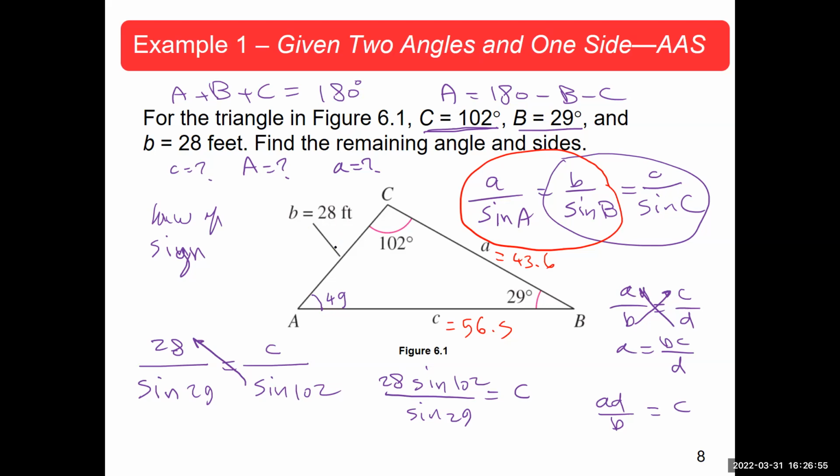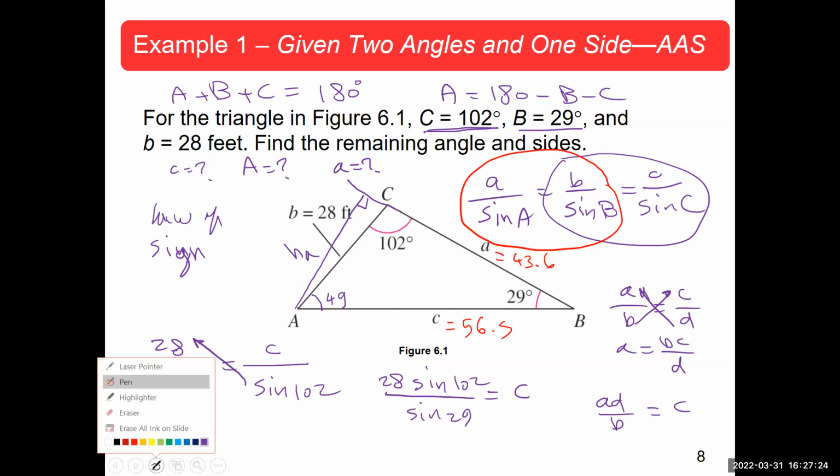Okay, let's do the area of this triangle using the height from A. That means I have to extend these lines, and this is my HA. How do I calculate the value of HA? You have to find the right angle triangle. First thing, what's the angle facing HA?